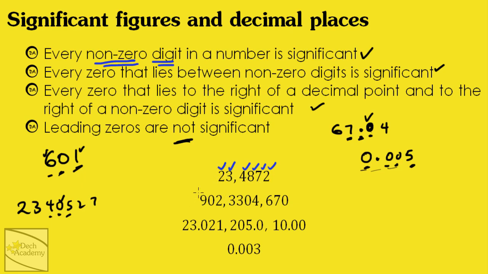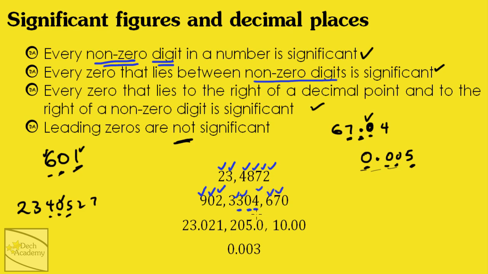In 902, 9 is significant because it's a non-zero digit. 2 is significant because it's a non-zero digit. 0 is significant because it lies between non-zero digits. 3, 3, and 4 are significant because they are non-zero. The 0 here is significant because it lies between non-zero digits.